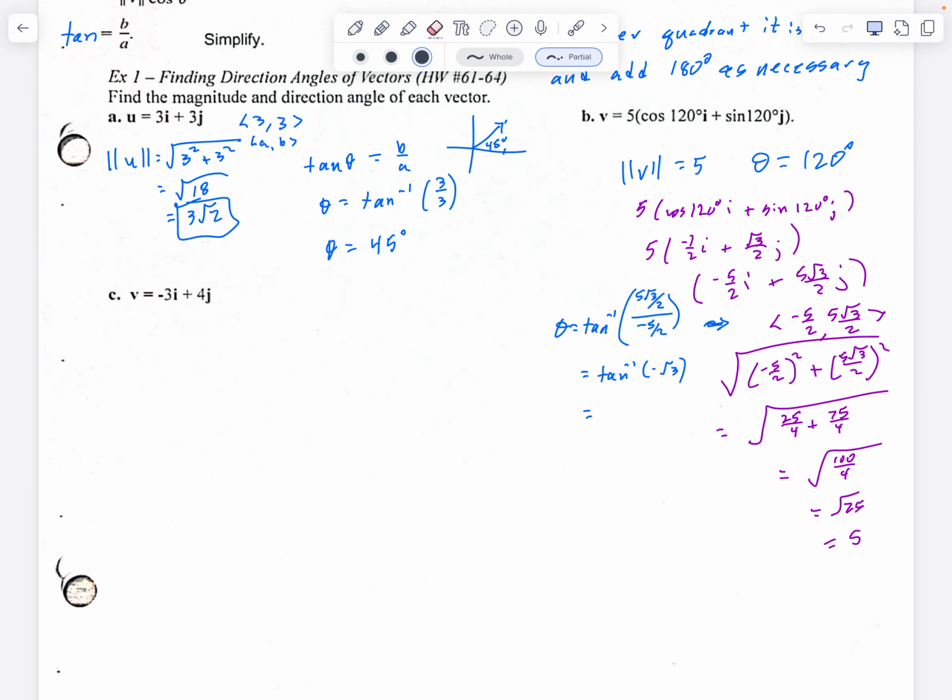But inverse tangent, to get to the next time it's going to happen, you always add the period, which is 180 degrees. So you have to realize that that vector is in quadrant 2, and you add the 180, and that is your direction angle. So you've got magnitude and direction, which we said is what you expect from the get-go, but this verifies all that.